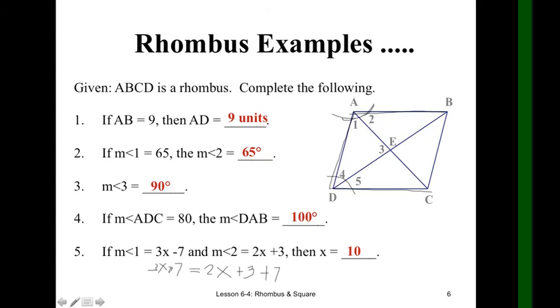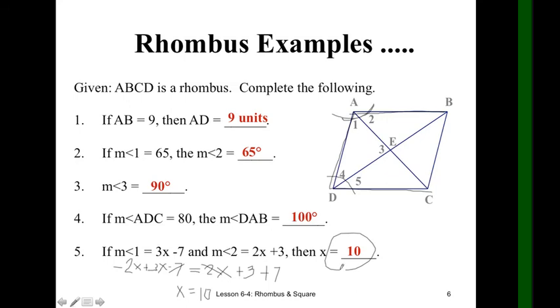So let's cancel this. Then let's transpose 2x and it becomes negative 2x plus 3. So let's cancel this. Negative 2x plus 3x is x. We will copy the sign of the bigger number, which is 3, and 3 is positive. 3 plus 7 is 10. That's why our answer is 10.